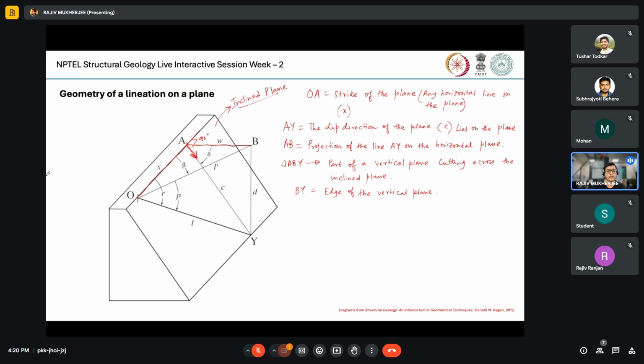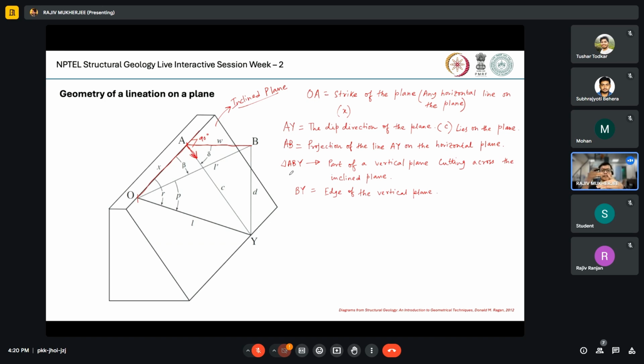Now, why do we consider having a vertical plane cutting across this inclined plane? Because as we know from the definition of dip and strike, dip is basically how much inclined the plane is.